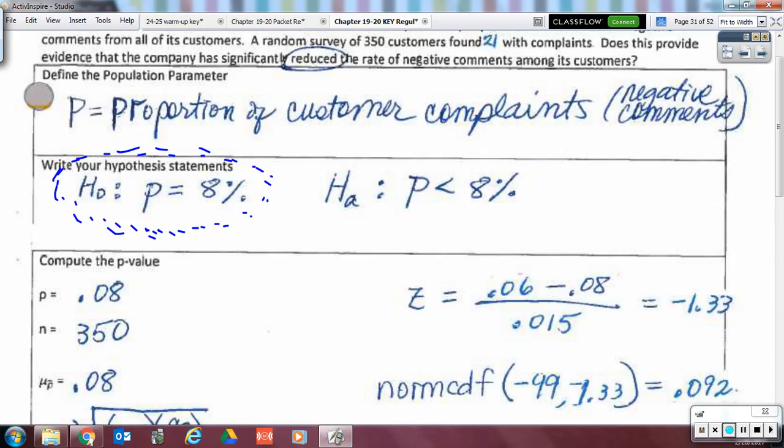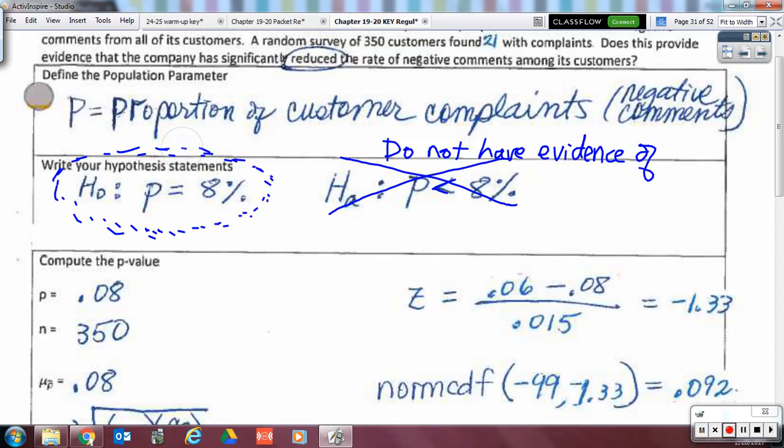No. I just do not have evidence that the complaints are now less than 8%. I just do not have evidence of the alternative. So I was not able to reject this. It will stay in place. That doesn't necessarily mean it's true. It's just I didn't get enough evidence to reject it.